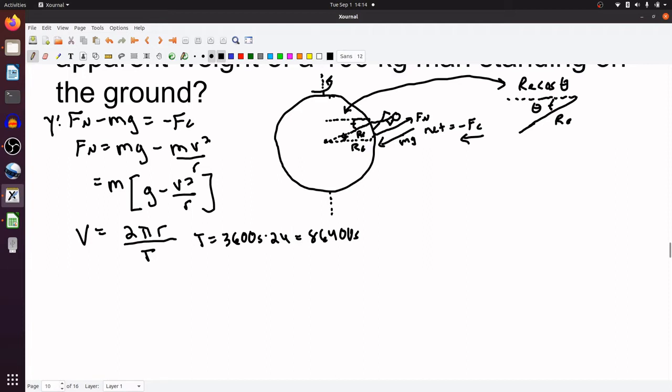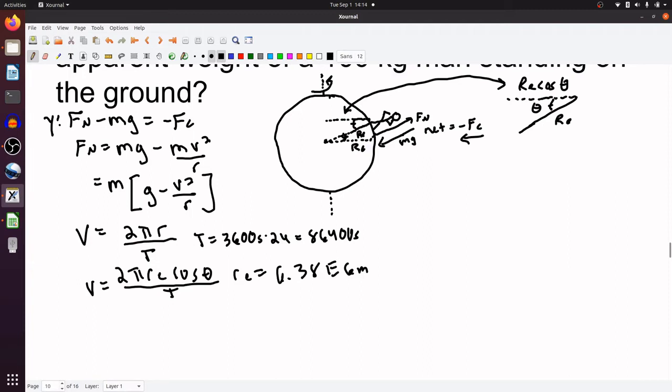So T is 86,400 seconds. We know that the radius is going to be RE cosine theta. So it's 2 pi RE cos theta over T. And from an earlier problem, the radius of the Earth was 6.38 times 10 to the 6th meters. So I didn't give it because it was earlier.